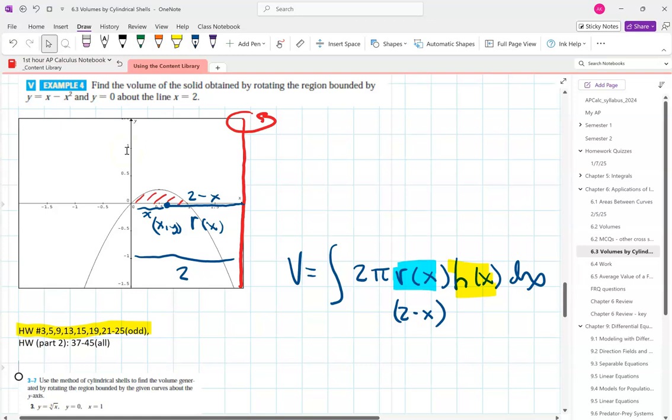So the height of my cylinder is going to represent just that distance. Well, that's easy, right? That's just a function, which was x squared minus x.